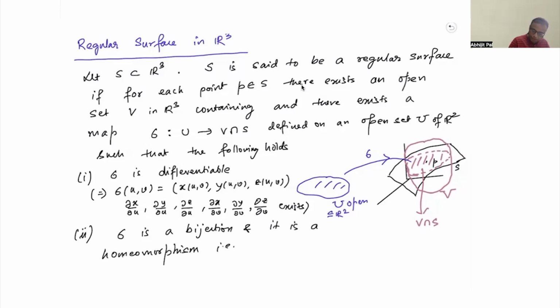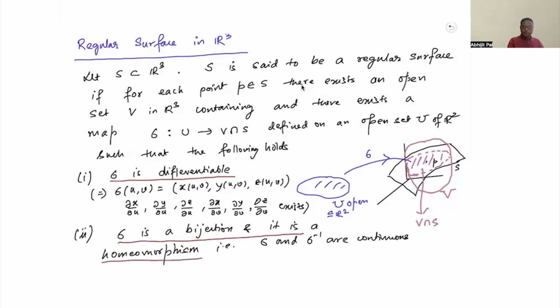That is, sigma and sigma inverse are continuous. So the first property is sigma is differentiable, and the second is that sigma is a homeomorphism. If these two properties are satisfied, we call this S a differentiable surface in R3. And third is this regularity criterion.